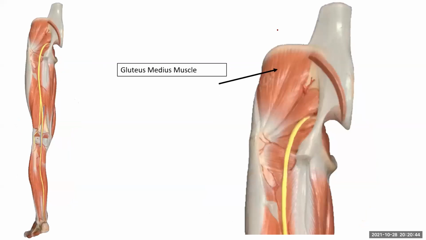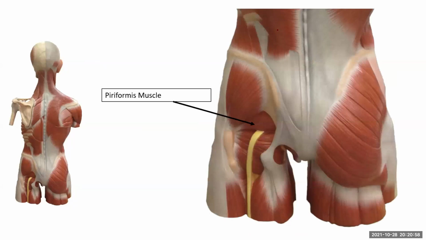All right, and here you can see it on this model. Gluteus medius, the deltoid of the lower extremity. It helps to laterally rotate and abduct the thigh.